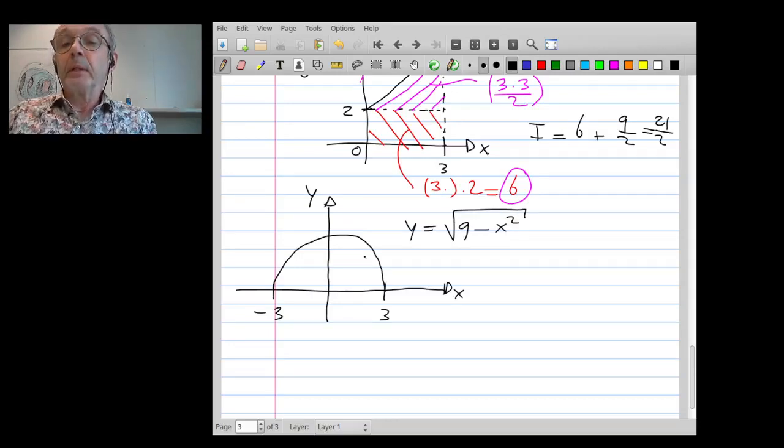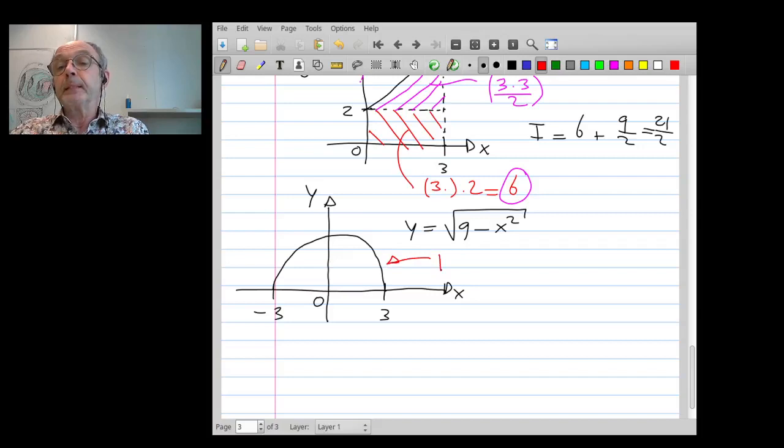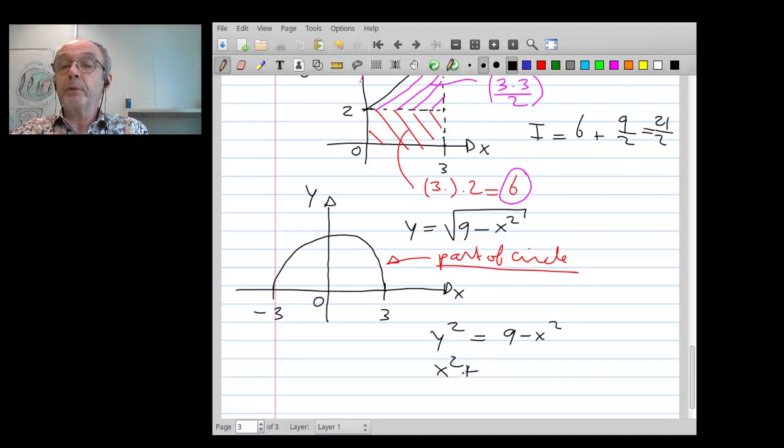Now, what do we then have? This is a part of a circle. And you see, if you take y squared and you square the right hand side as well, you get 9 minus x squared, and you see x squared plus y squared is 9.